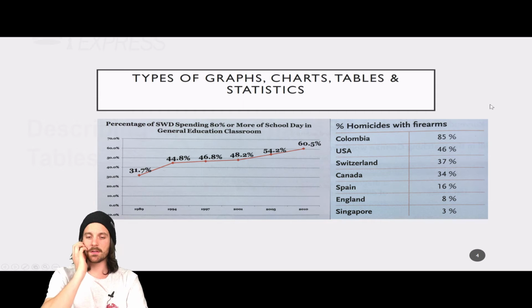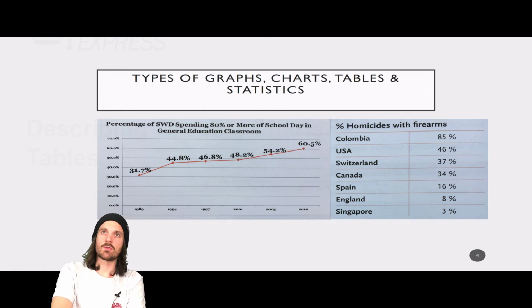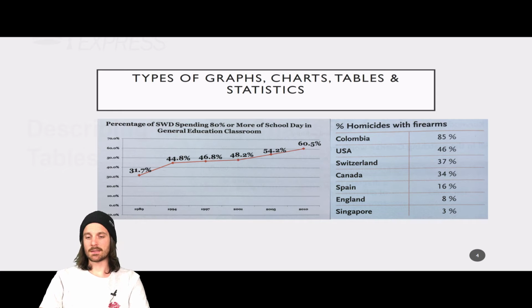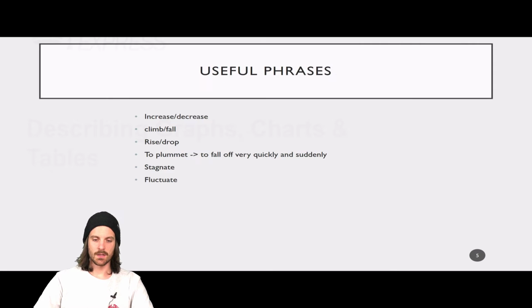So very common means to show something, to show statistics, or in this case, homicides with firearms. Yeah, tables. So I think you encounter tables in your daily life. So yes, these are the basic types, I'd say, which you should know, of course.